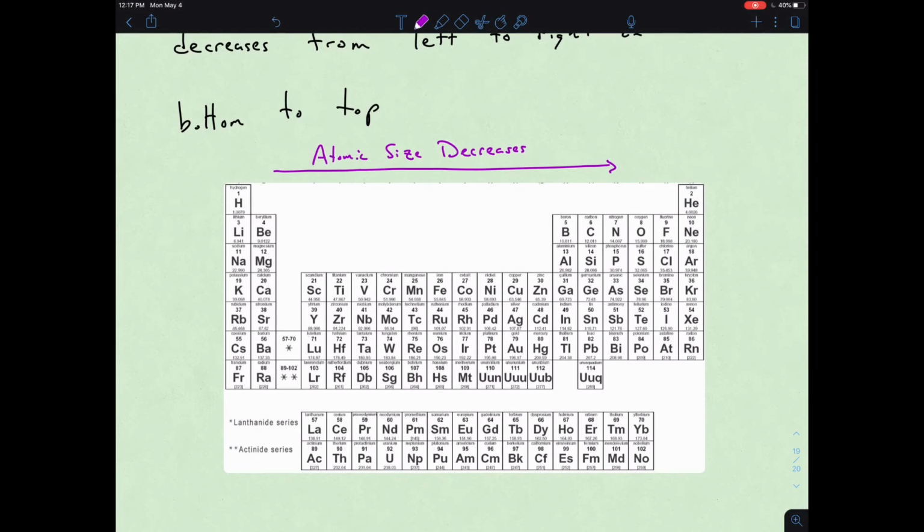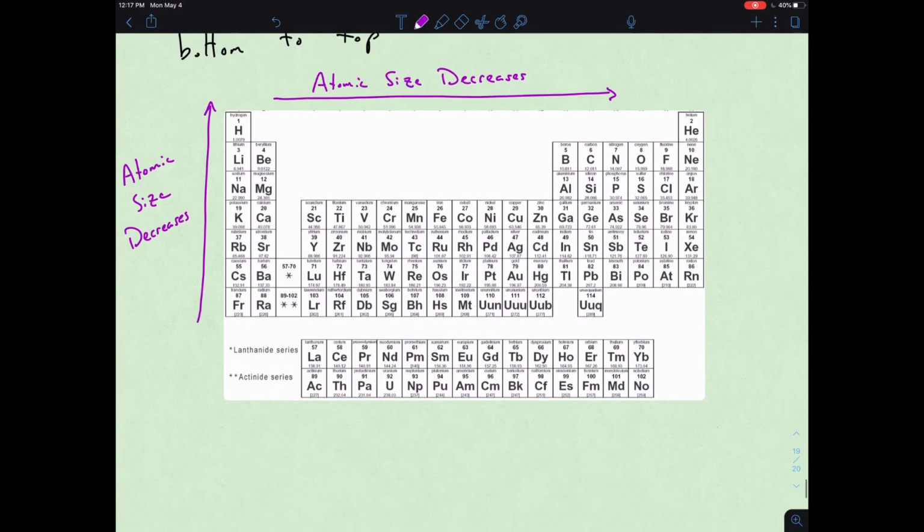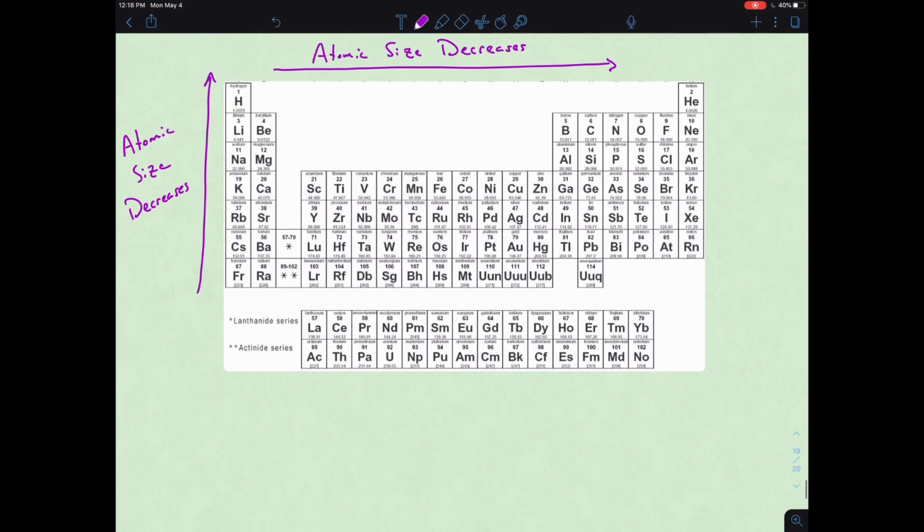And we also find that atomic size decreases from bottom to top. So that's the trend that we see with atomic size, and it's really related to, again, that notion of Z effective.